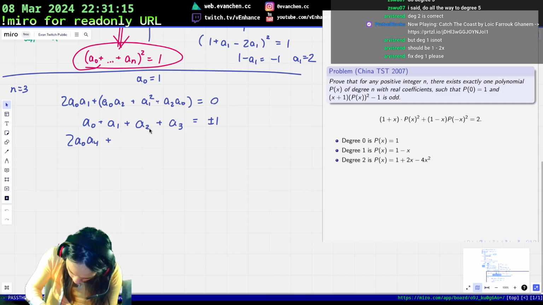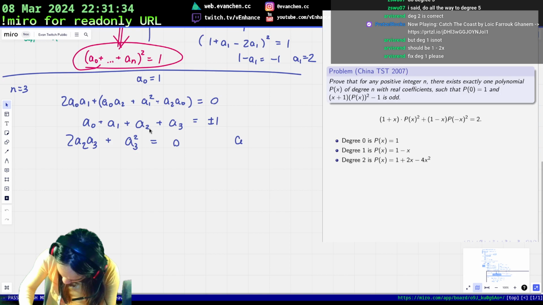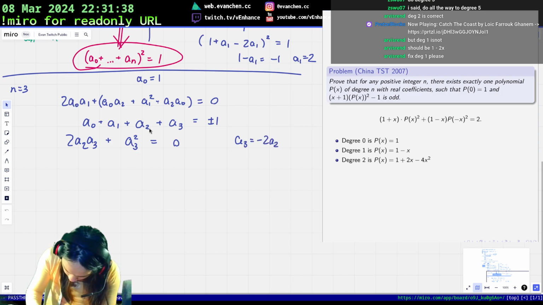Okay, so this is 0, 1, 2, 3, 4. So I need 5 and 6. Yeah, the top equation is very predictable. It's like a3 equals minus 2a2. Meanwhile, a0 is 1.